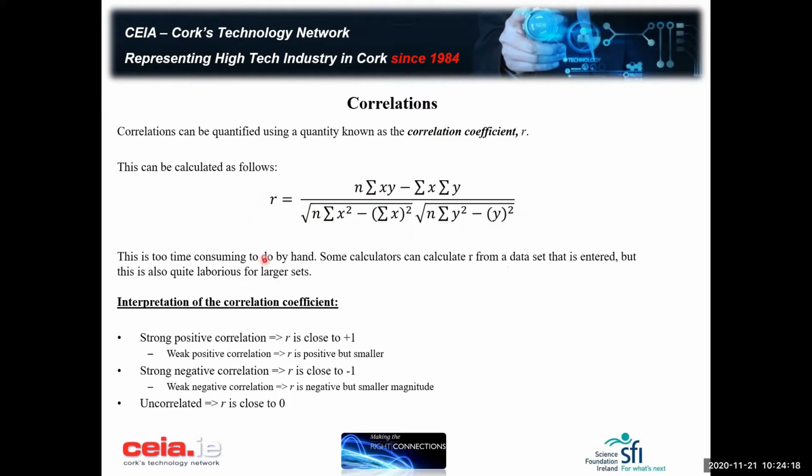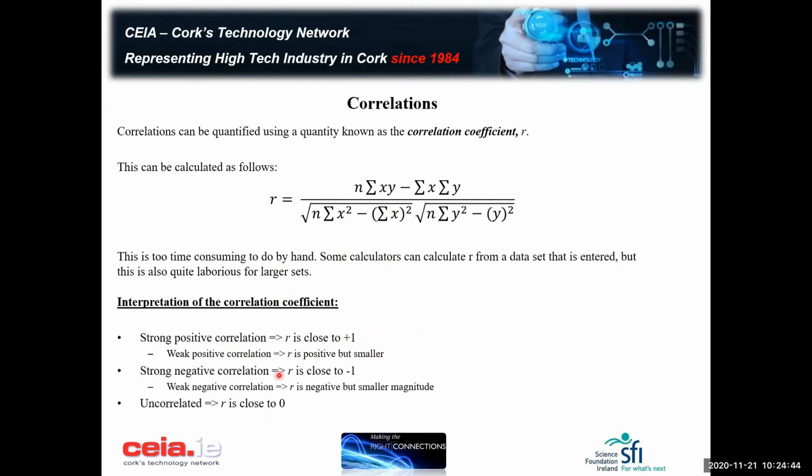If you enter the data set, enter all the X's and Y's together, all the XY pairs, let's say. Even that's quite tedious to do. But you should know at least how to interpret the correlation coefficient. It goes from -1 to 1. A strong positive correlation is where the R is close to +1.